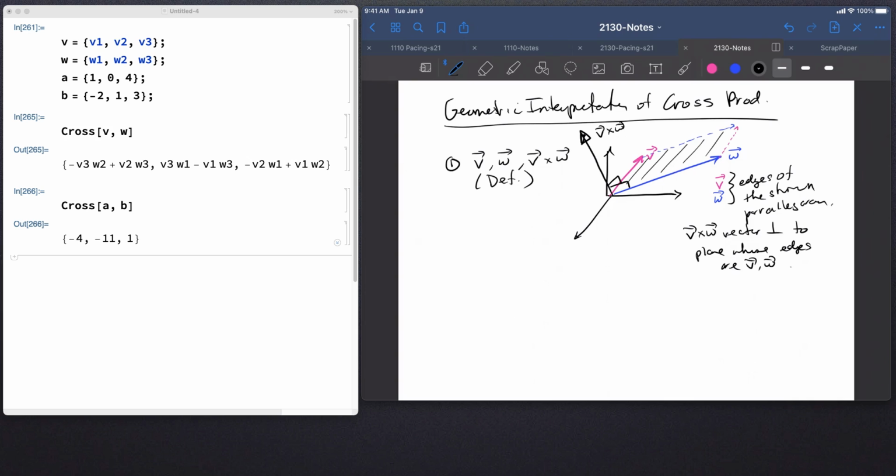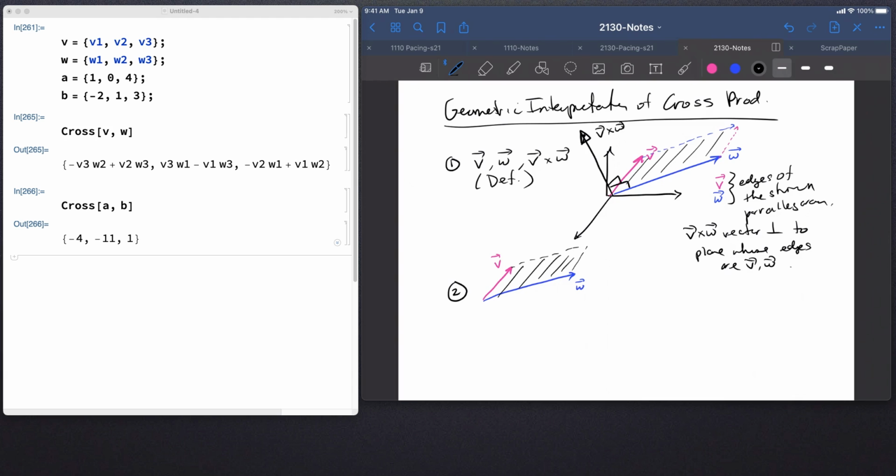There's another important idea here, and it builds off of this idea of the parallelogram. I'm just going to sketch them here again. Okay, so here we can see that there is this parallelogram defined by the vectors v and w.